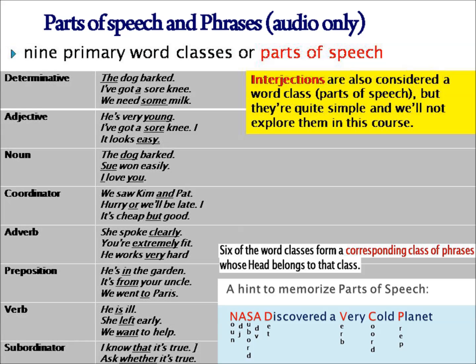And these other two elements, a and sore, are orbiting knee. They are working to restrict or to complete the meaning of the word knee. In the case of sore, to specify the state it is, and to say it's not a specific one.